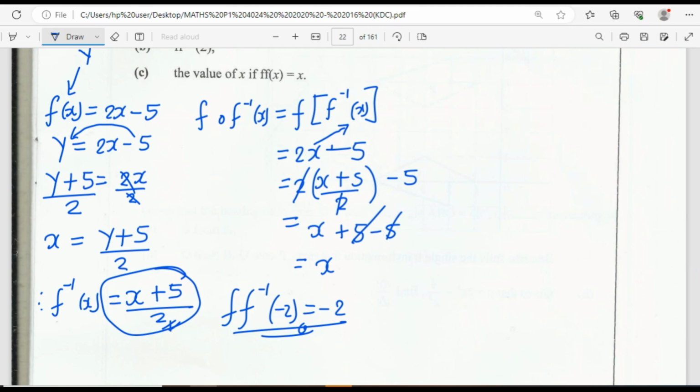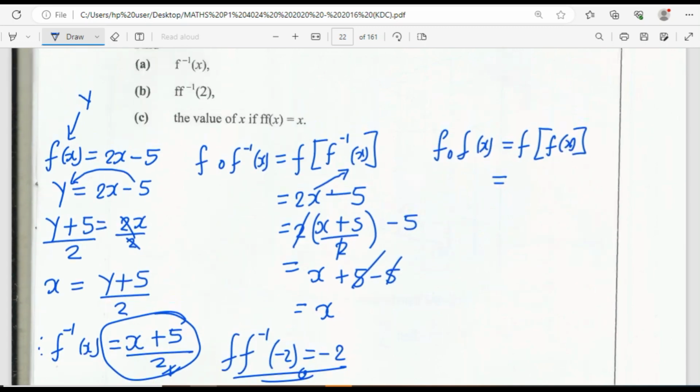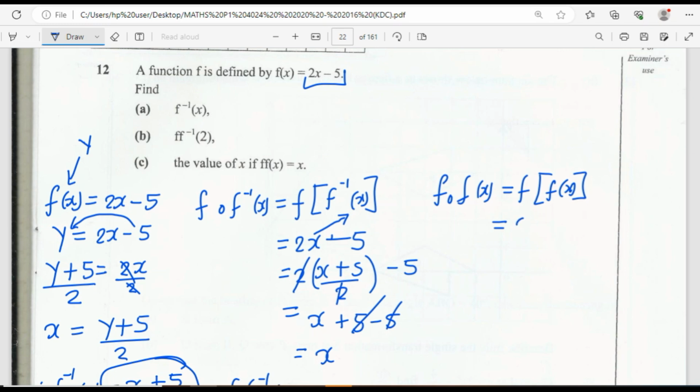So let's again write this expression. So f of x is equal to, let's first find this. So the inside function will still be f, since we only have f. So the f function is 2x minus 5.